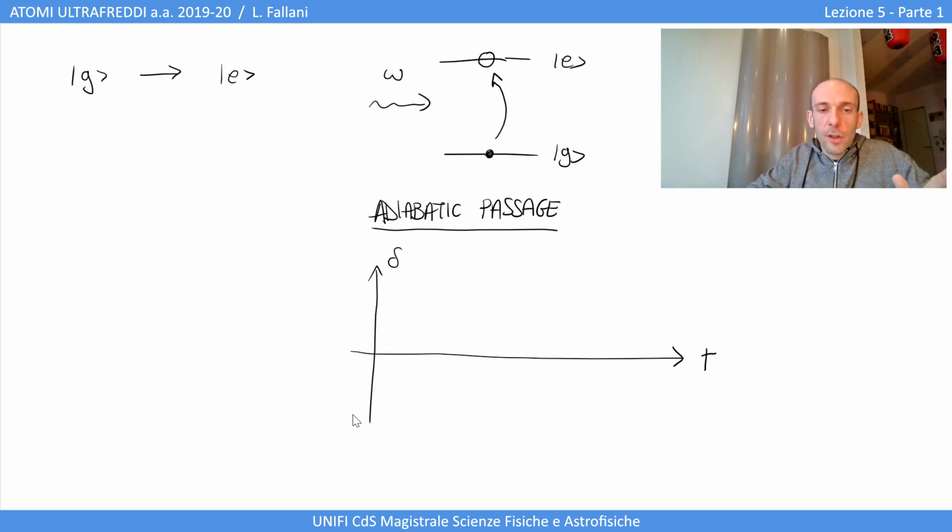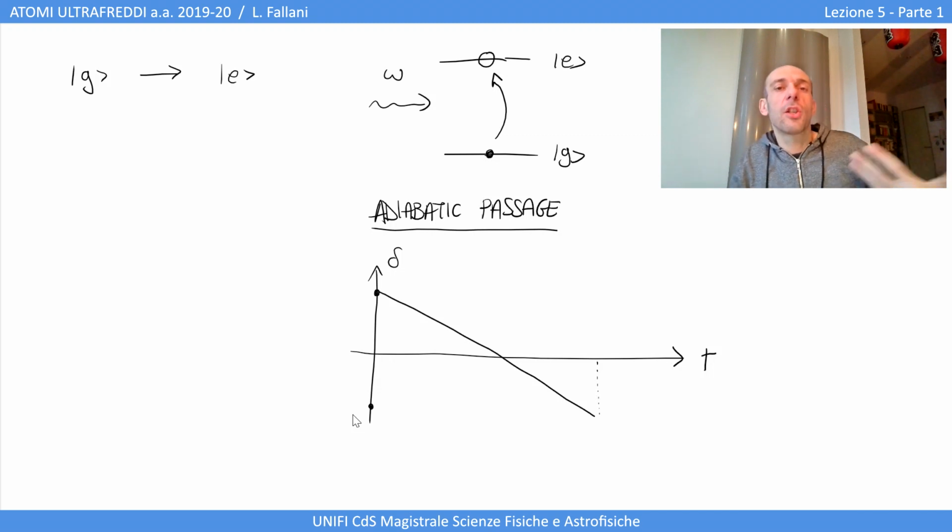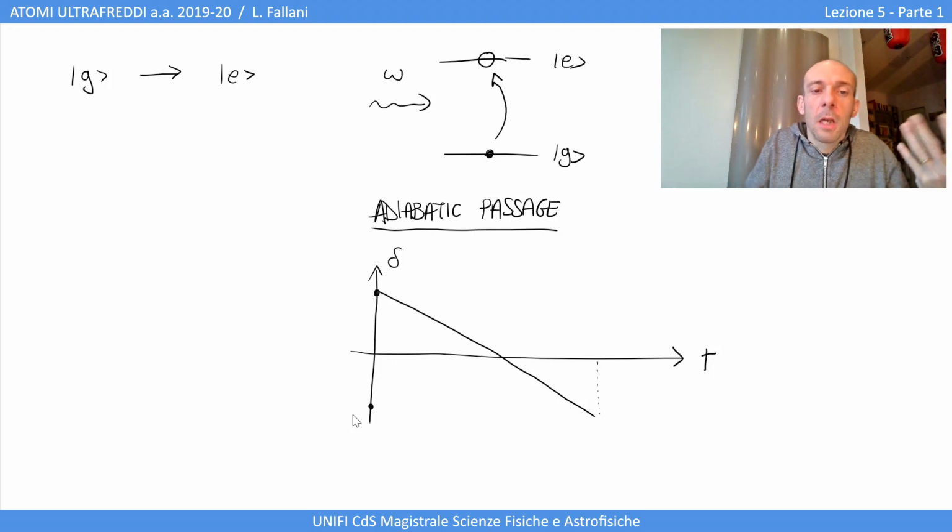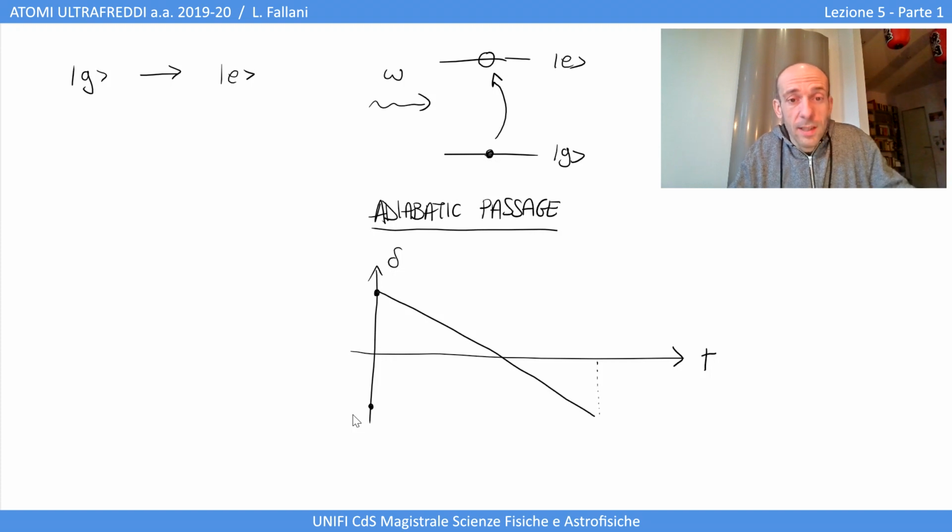So you're changing that from values which are higher than the resonance frequency to values that are lower than the resonance frequency. So with a kind of dependence like this. It does not have to be linear necessarily, but I've just plotted here a straight line as an example.